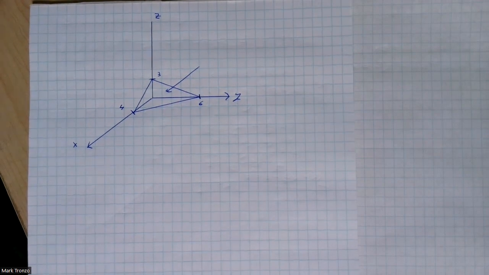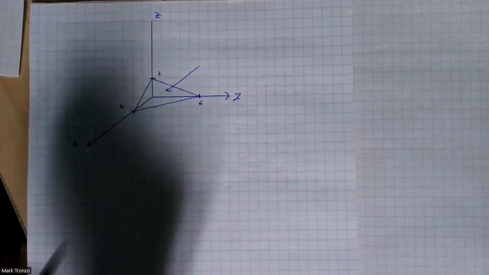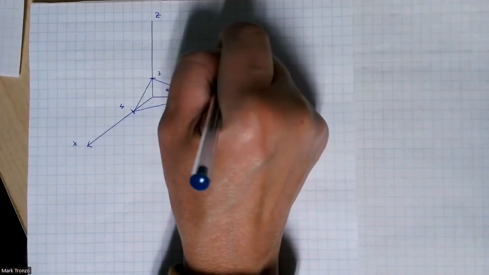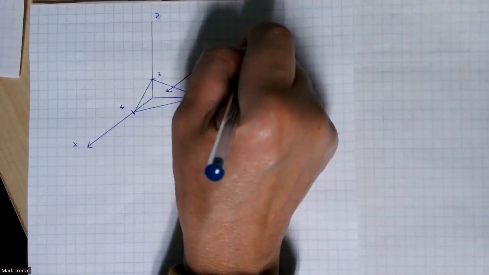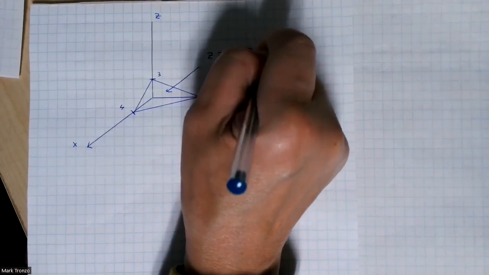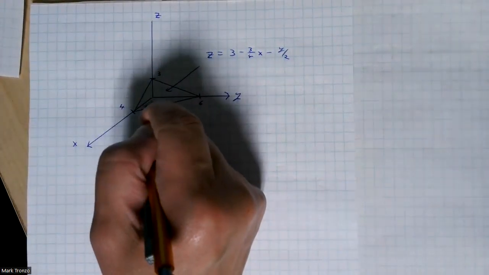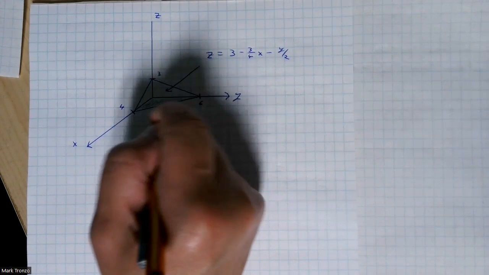So I made that picture just a little bit neater. Now we determined that z was equal to 3 minus 3/4 x minus y over 2. And so this is going to be your domain when you do x and y.